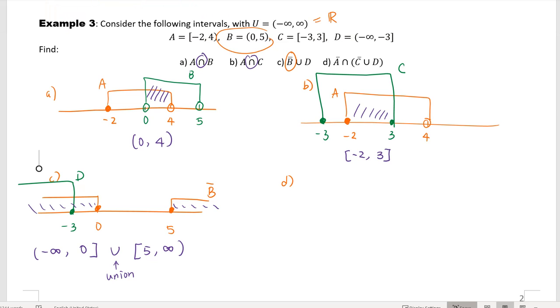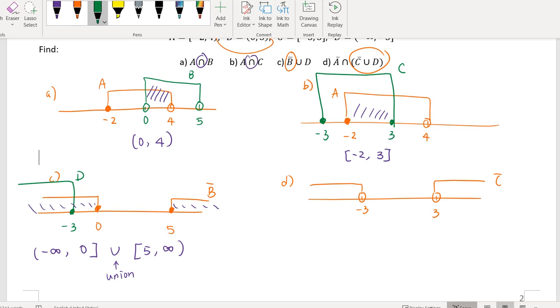Part D. Part D also has 2 steps. First, let's compute C complement union D. C is -3 and 3. Because C includes the endpoints, C complement does not include the endpoints; it's outside of this region, -3 to 3. So this is C complement. Union D. What is D?